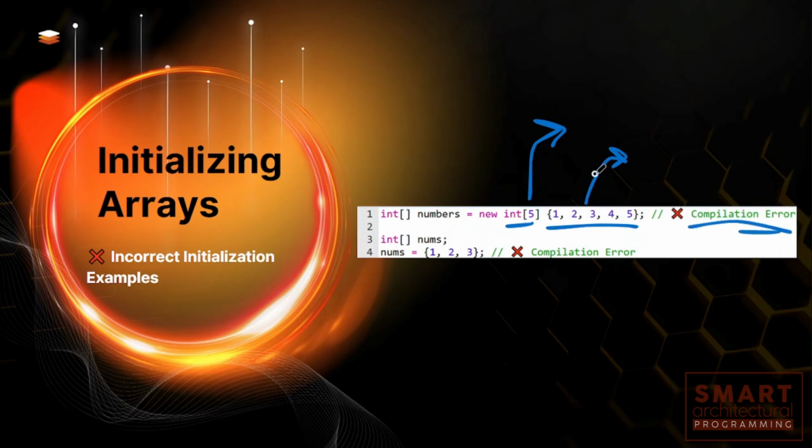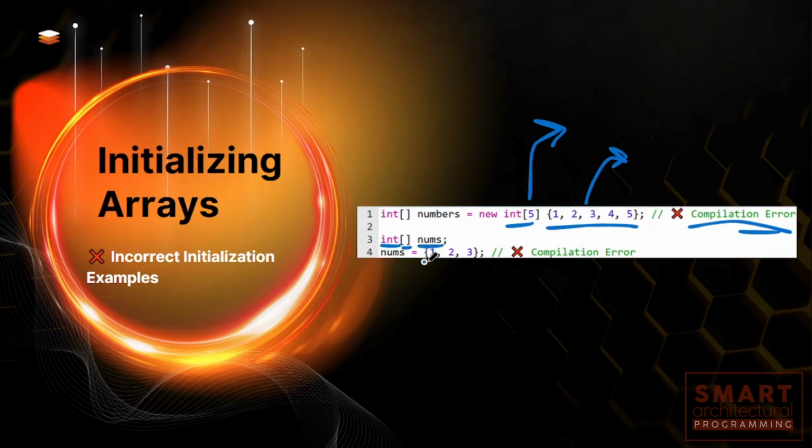Similarly, another thing is that you can't assign values this way that you see here, nums equals 1, 2, and 3. After we declared a nums variable here, we told it we need to create an array of integers with the variable called nums, right?